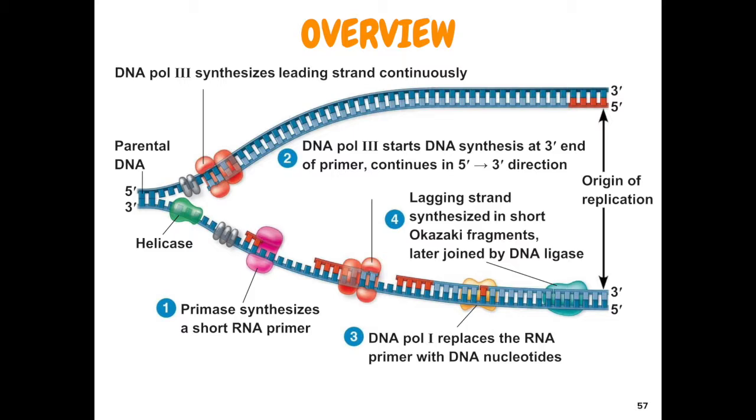And as that's happening, another DNA polymerase enzyme called DNA polymerase 1 can go in, remove those primers, and replace those RNA primers with DNA nucleotides. And then the last thing that needs to happen in the lagging strand before that strand is fully synthesized is another enzyme called DNA ligase is going to come in, following DNA polymerase 1, and it's going to ligate together the strands, the Okazaki fragments that were formed.